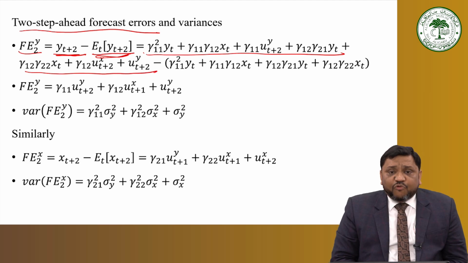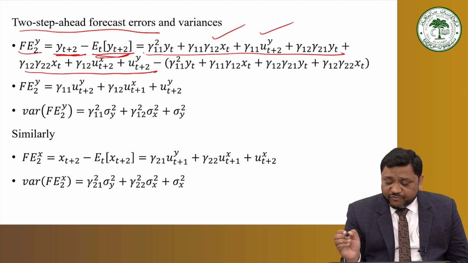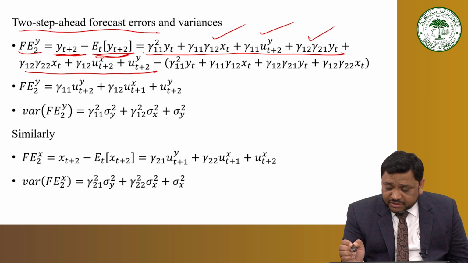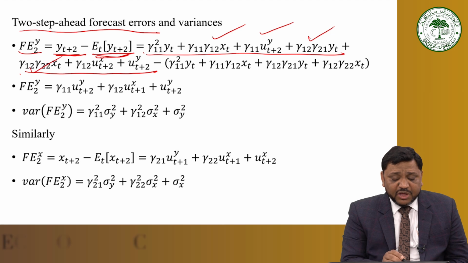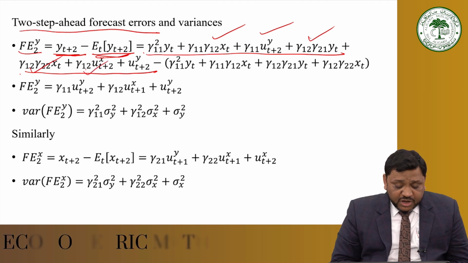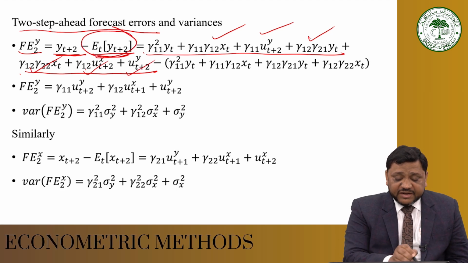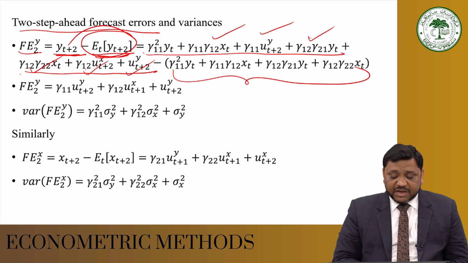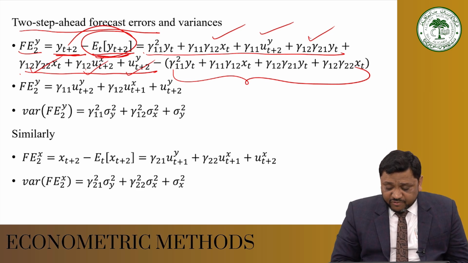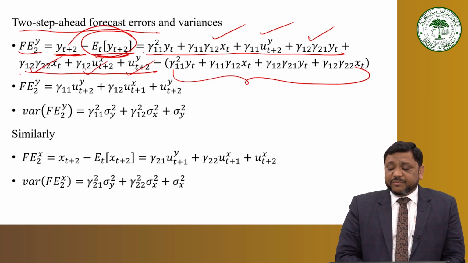That is gamma 11 square yt plus gamma 11 gamma 12 xt plus gamma 11 error of y at t plus 1, plus gamma 12 gamma 21 yt plus gamma 12 gamma 22 xt plus gamma 12 error of x at t plus 1 and error of y at t plus 2, minus this expectation value, which is in brackets: gamma 11 square yt plus gamma 11 gamma 12 xt plus gamma 12 gamma 21 yt plus gamma 12 gamma 22 xt.